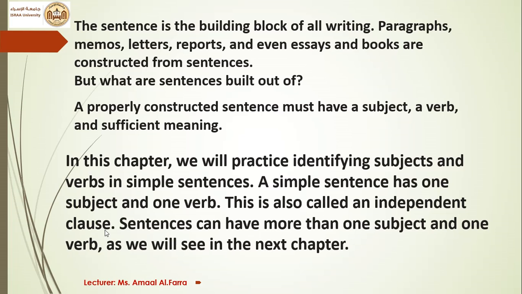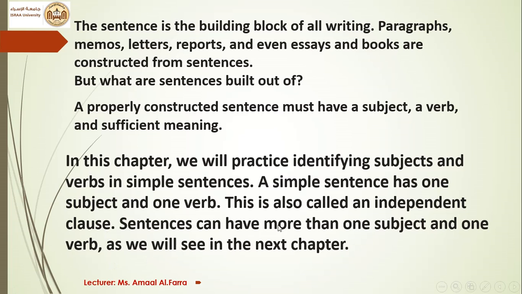Dependent clauses cannot stand on their own. They should be connected and joined with other clauses or with other phrases or with other sentences in order to have meaning. But independent clauses can stand on their own with full meaning, with sufficient meaning. They have subjects, they have verbs.